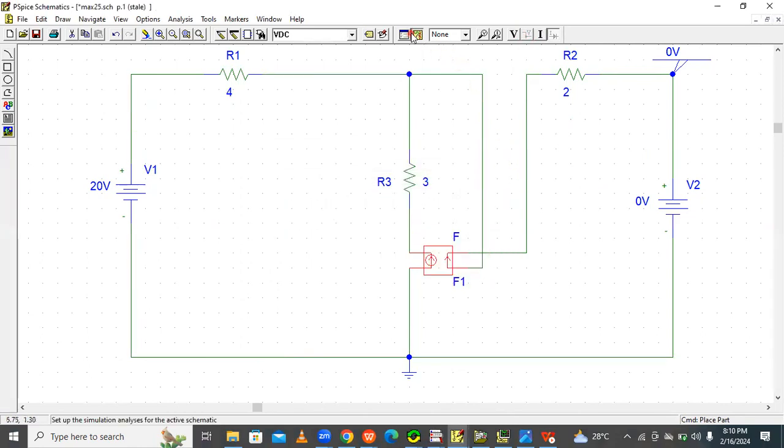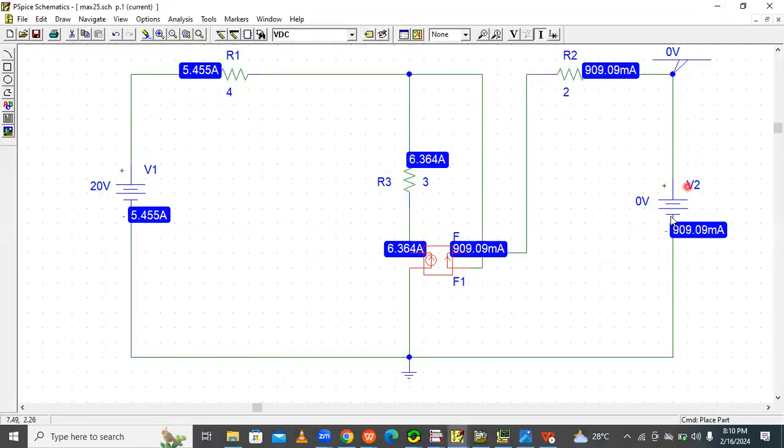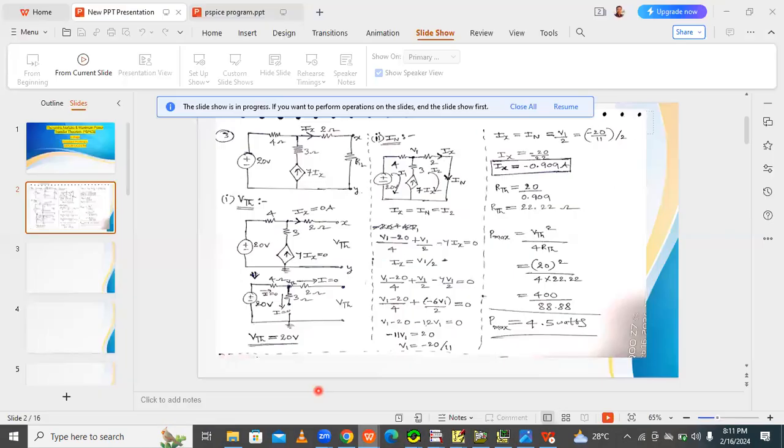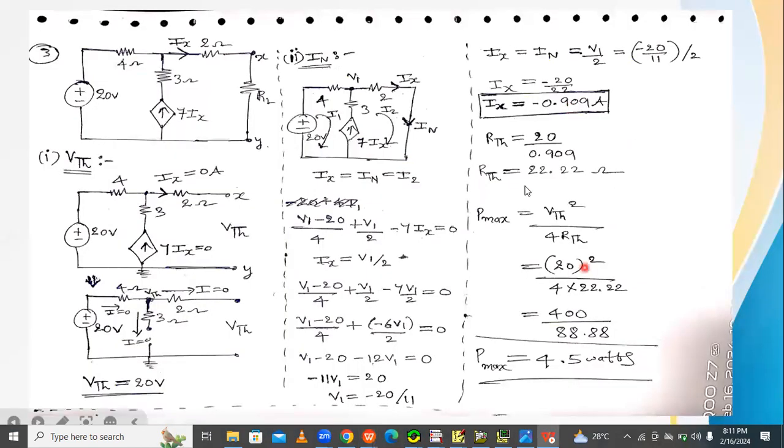And simulate again. What is the current? Down, yeah, 909.09 milliamps. So that is 0.909. According to our theoretical calculations, what is the current? That is Norton's current. Ix is equal to IN is equal to minus 0.909.